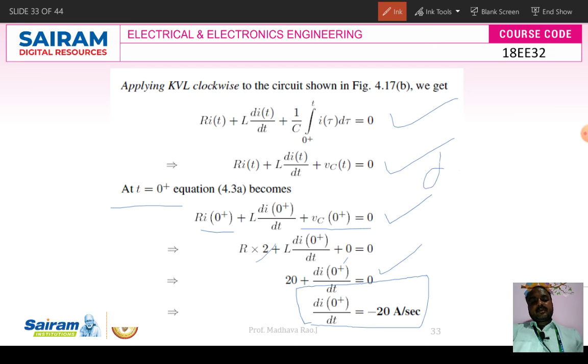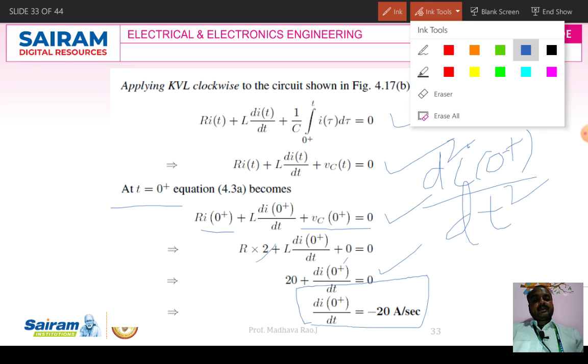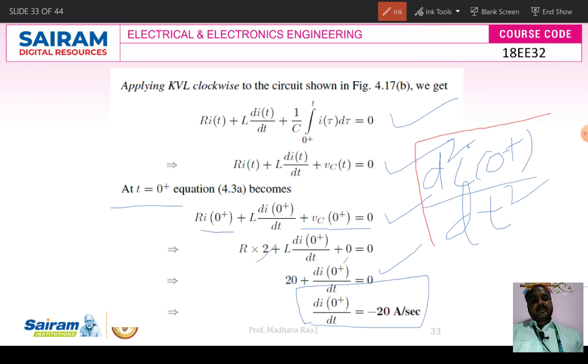Now the other value we have to find is d square I of 0 plus by dt square. How will we find it? Differentiate this expression one more time with respect to t.